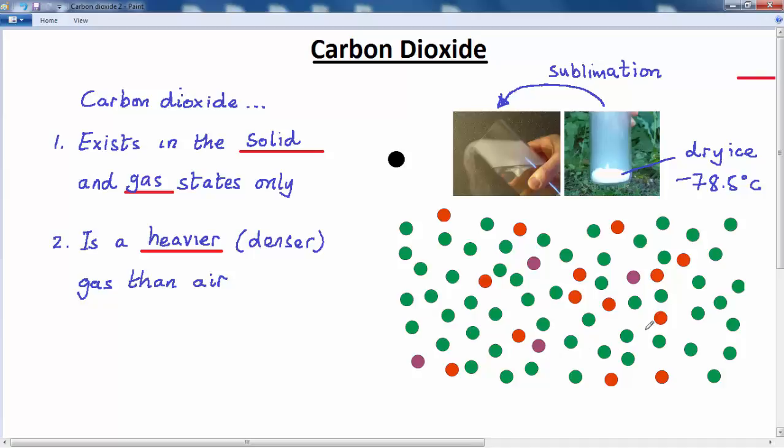In fact, if you look at this diagram here, this represents the air around us. We can see most of the particles, the green particles are nitrogen, the red particles are oxygen, and the purple particles are argon. Each of these particles weighs more or less the same, but the particle of carbon dioxide is heavier than the other air particles.